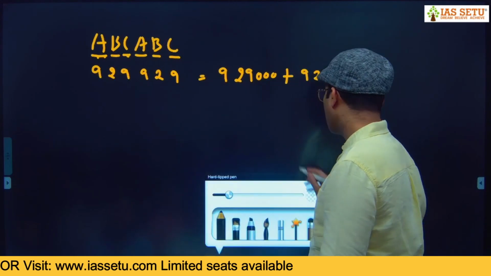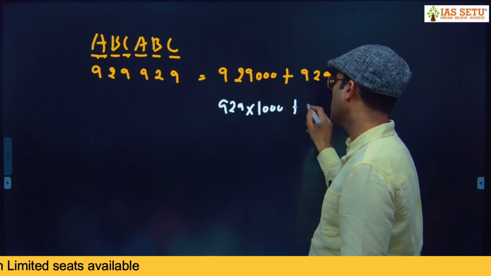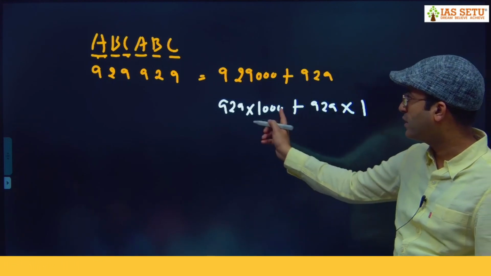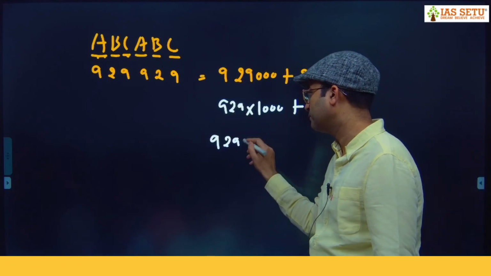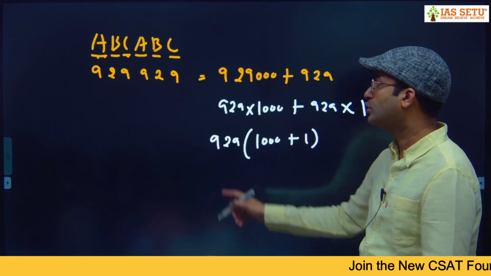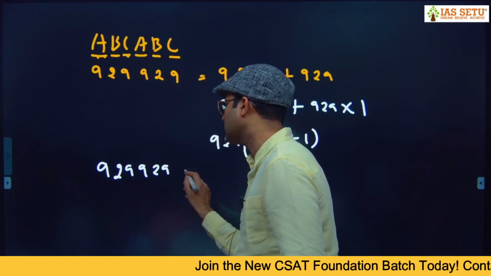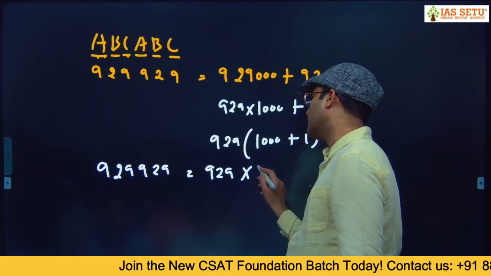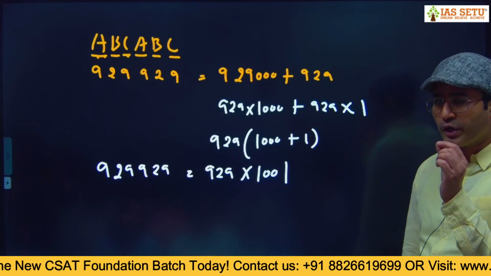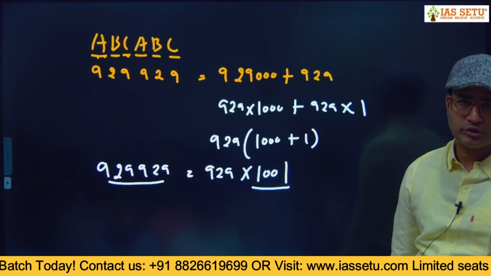Next step, I write it as 929 into 1000 plus 929 into 1. You take 929 common: 929 into (1000 plus 1). So this number can be expressed as 929 into 1001. So it means this number is a multiple of 1001.